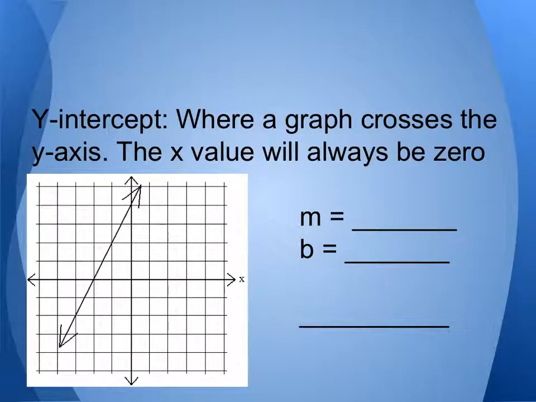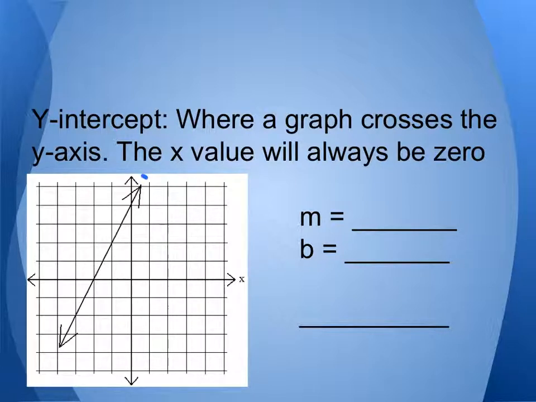If you'll turn over the tab that says y-intercept from a graph, the y-intercept is where the graph crosses the y-axis. If you think about an interception in football, the other team crosses the football and they catch it. So this is where the graph crosses the y-axis. The x value on your y-intercept will always be 0. So taking a look at our graph, that's our example, we're going to find where this crosses the y-axis.